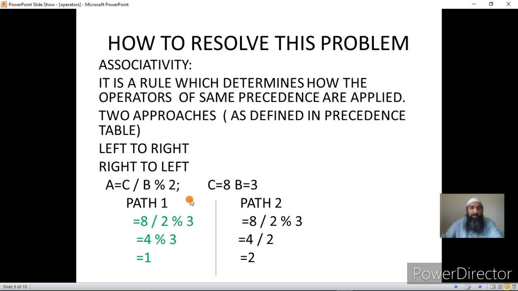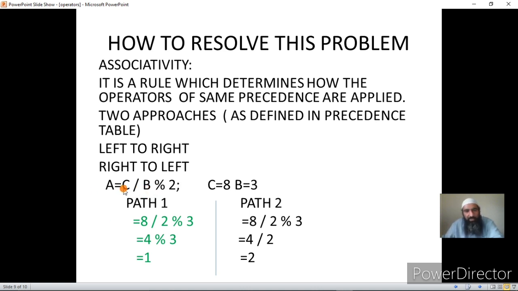Now if I want the mod to be done first instead of the slash, if you remember, I told you we can break the precedence rule by using parentheses, but we cannot break the associativity rule. There is no way out of this. The only way out is that you have to reverse the order. That means you will have to write the expression in a different way.